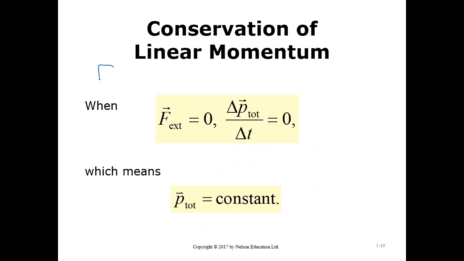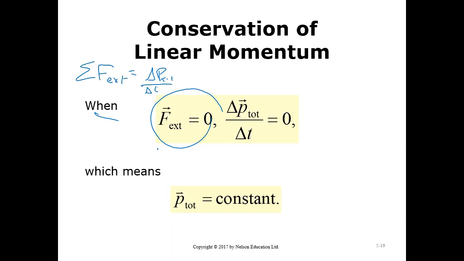Okay, let me rewrite that. The sum of external forces is equal to delta P, where P is the total momentum, divided by the time. Now let's say the system that we are considering has no external force, or there may be external forces, but the sum of these external forces is 0.